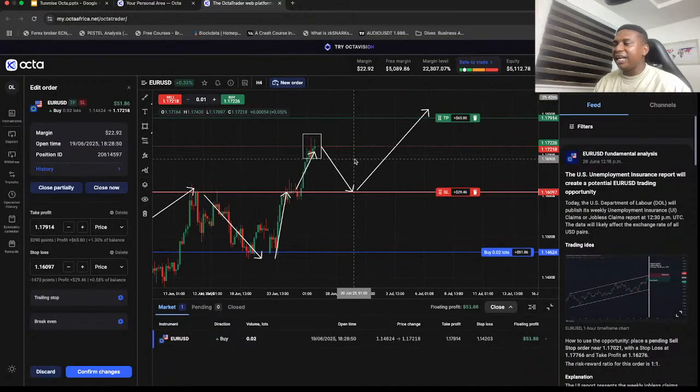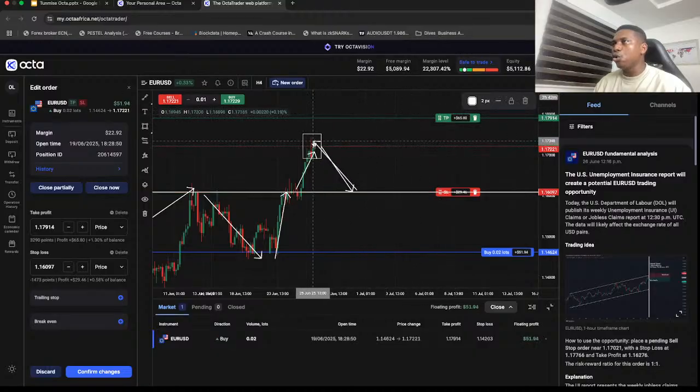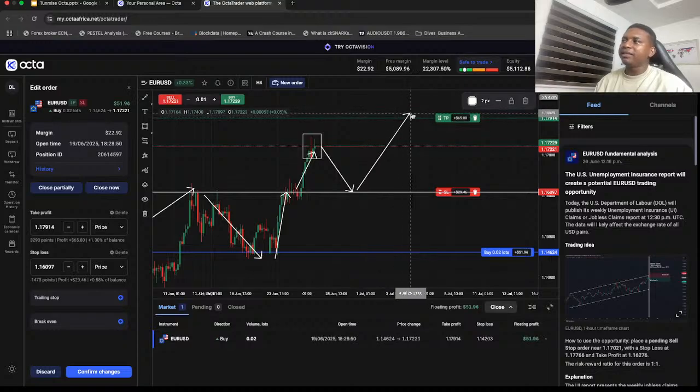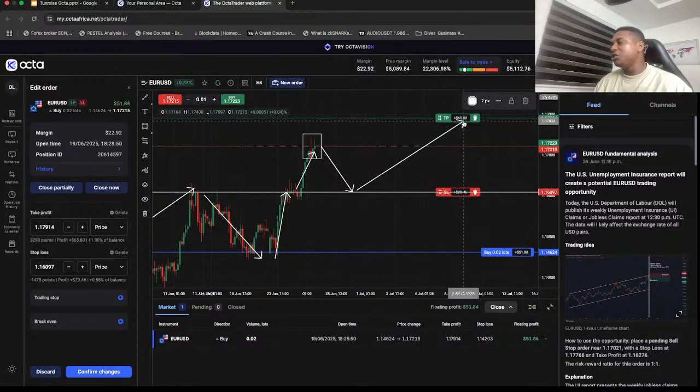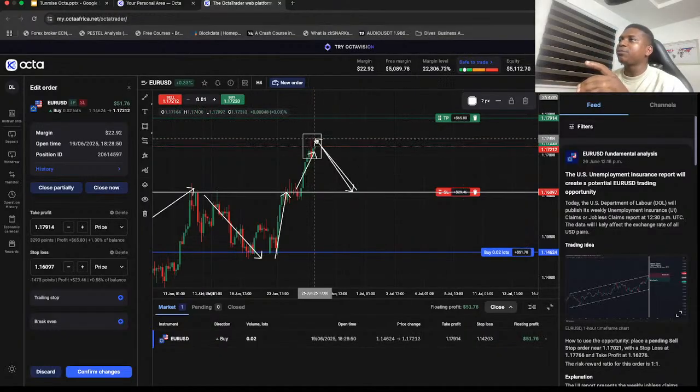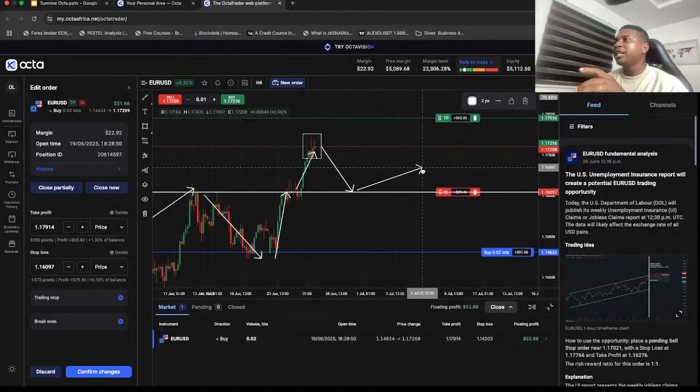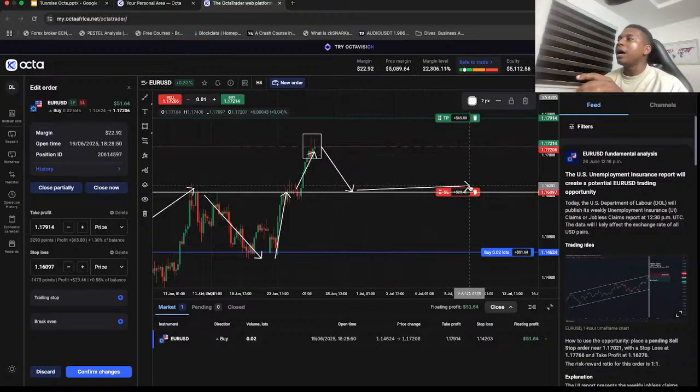So you can see here that if price continues to go up, it touches my take profit, and I would close the trade with 65 USD. Okay, 65 USD. However, if the market pulls back and comes back to this next support zone, my trade would close at around 29.46 USD.